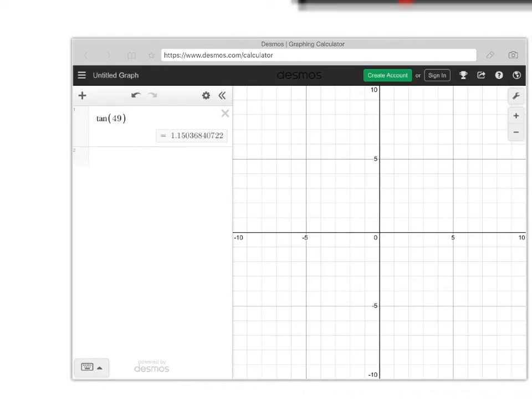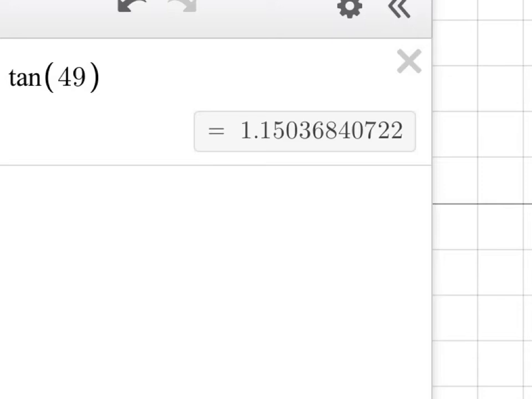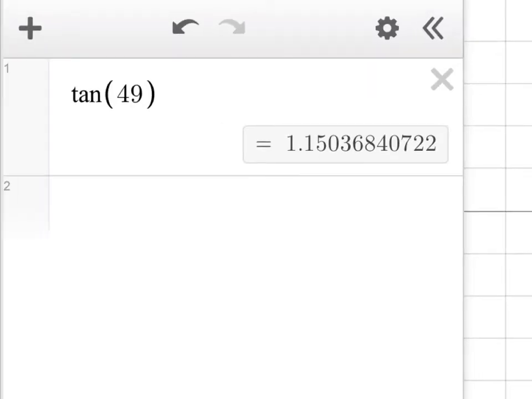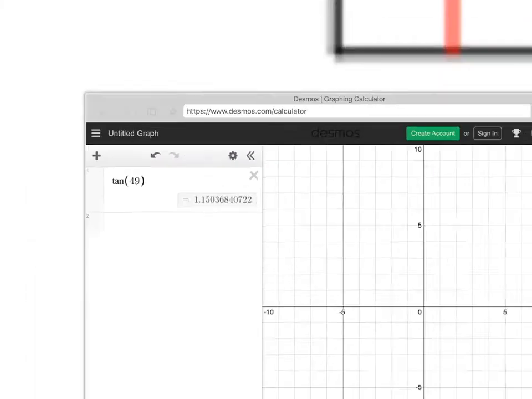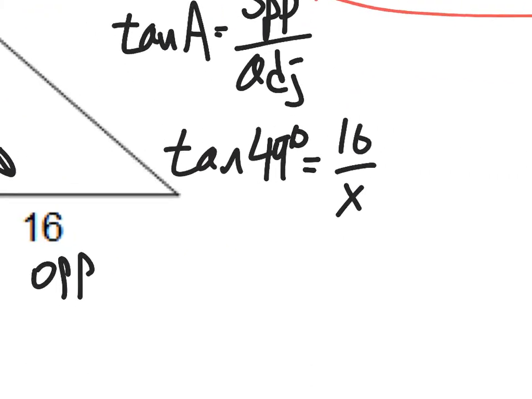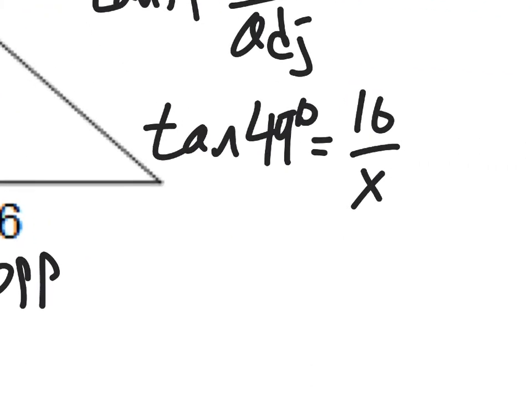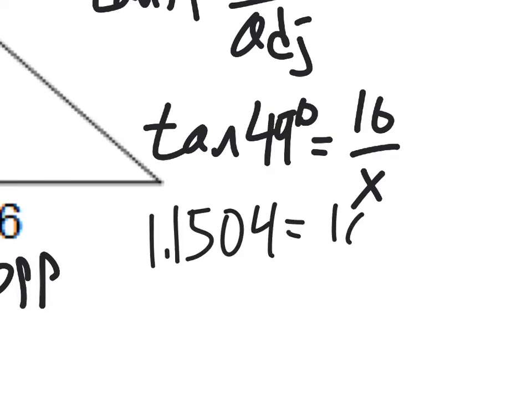And we can see that tangent of 49 is 1.150, and we'll round it off to 1.1504. All right, so we can substitute that. 1.1504 equals 16 over x.